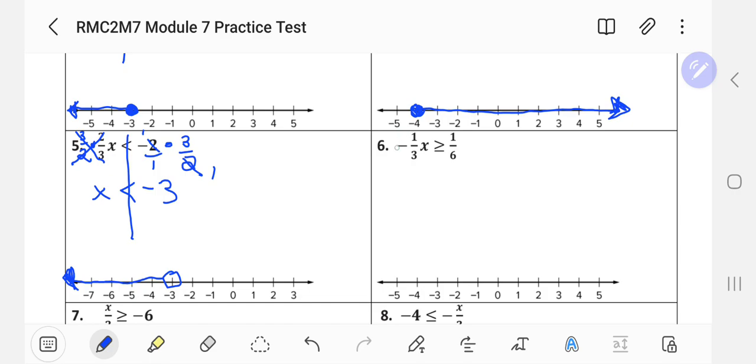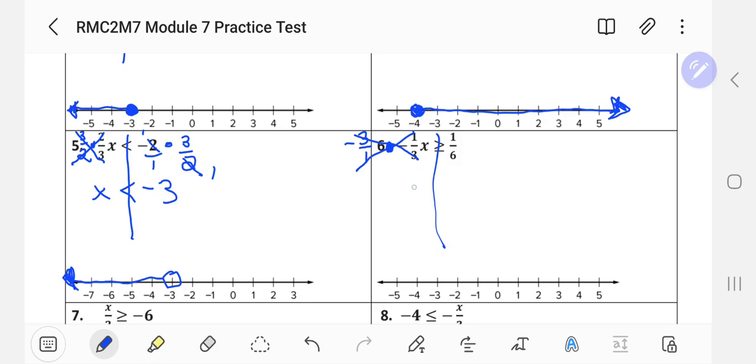Another problem, double fraction problem, but it's similar. If I read it, it says negative 1/3 times x. Well, I could divide by negative 1/3, but dividing by negative 1/3 is the same as multiplying by its reciprocal. So we will multiply by negative 3 over 1, which when you multiply a number times its reciprocal, it always equals 1.